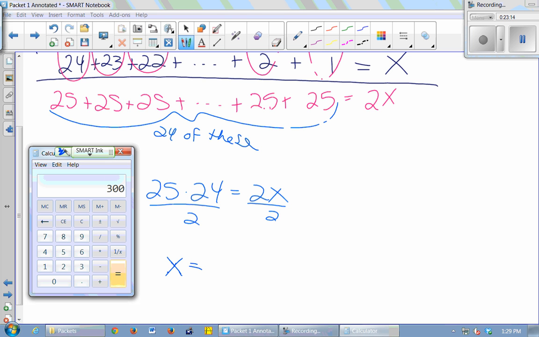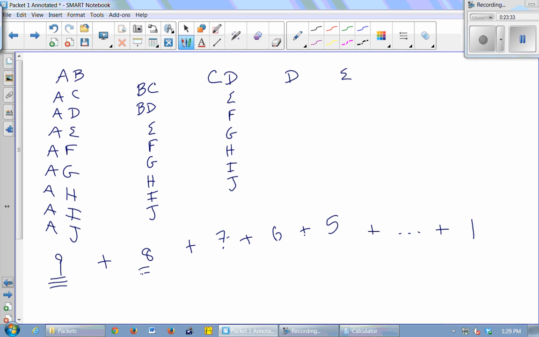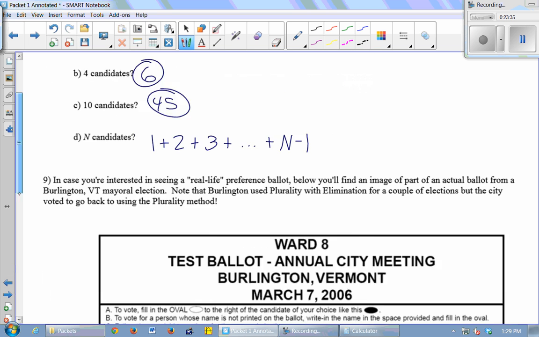That's 300. So there would be 300 head-to-head matchups when you have 25 candidates. He was kind of a genius.